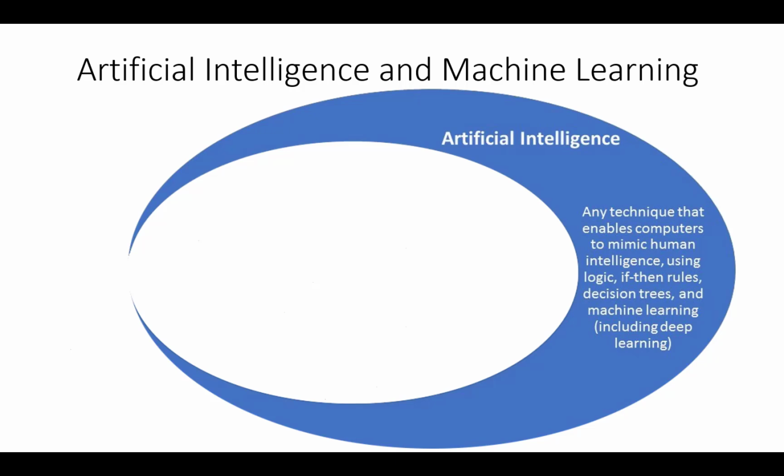So let's figure out how they are related. I'm sure if you've been following me for some time, you've seen that slide in my other presentations. I just love that slide. I think it explains it really well and it sets up that basic understanding of how artificial intelligence relates to machine learning. I'll start with just artificial intelligence.